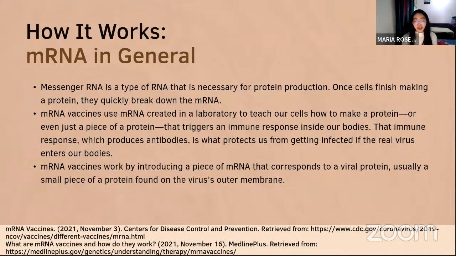Once produced, antibodies remain in the body so that the immune system can quickly respond if ever the person is exposed to the virus again. Lastly, mRNA vaccines work by introducing a piece of mRNA that corresponds to a viral protein, usually a small piece of protein found on the virus's outer membrane.